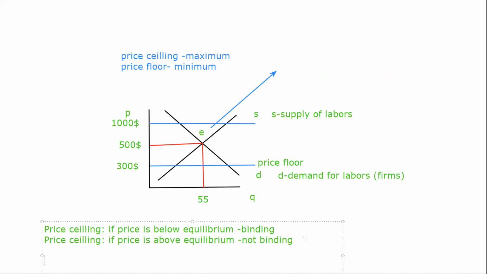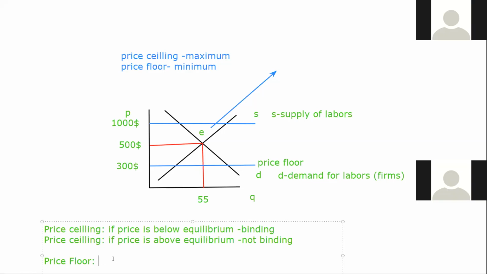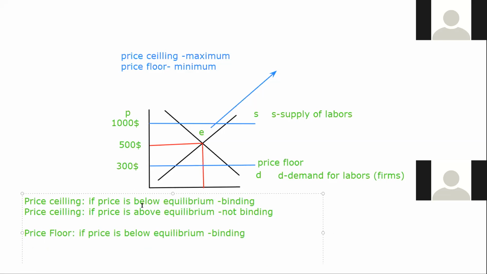What about the floor? Let us write down price floor. If the price is below equilibrium in the price floor, is it binding or not binding?